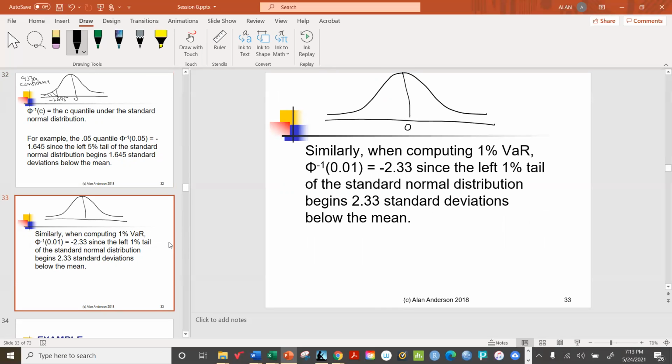So for them, the appropriate z-score is approximately negative 2.33. You can memorize these if you want to. If you need to calculate these on a regular basis, after a while you'd have them all memorized anyway. Those are the two most commonly observed levels of confidence for VAR.